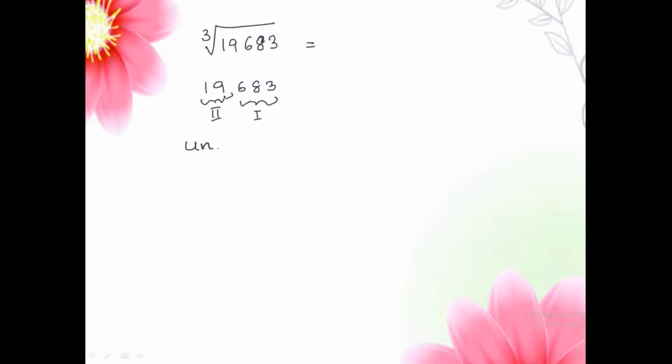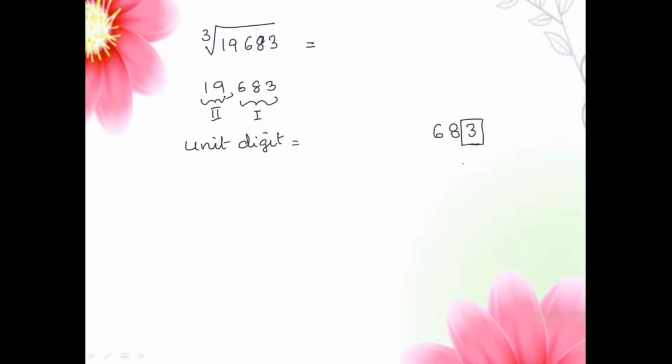To find the unit digit, we have to consider the first group, right? Which is the first group number? It is 683. In the number 683, we consider the unit digit 3. Just think, have you learned anything in the property with 3 as the unit digit?